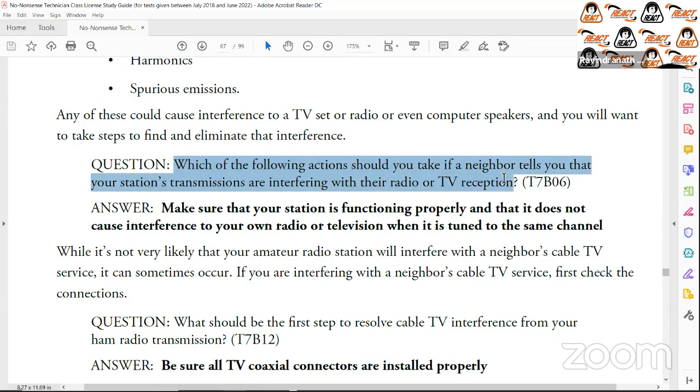All right, so let's get to the questions about being a good neighbor. Which of the following actions should you take if a neighbor tells you that your station's transmissions are interfering with their radio or TV reception? In other words, you're causing them interference.